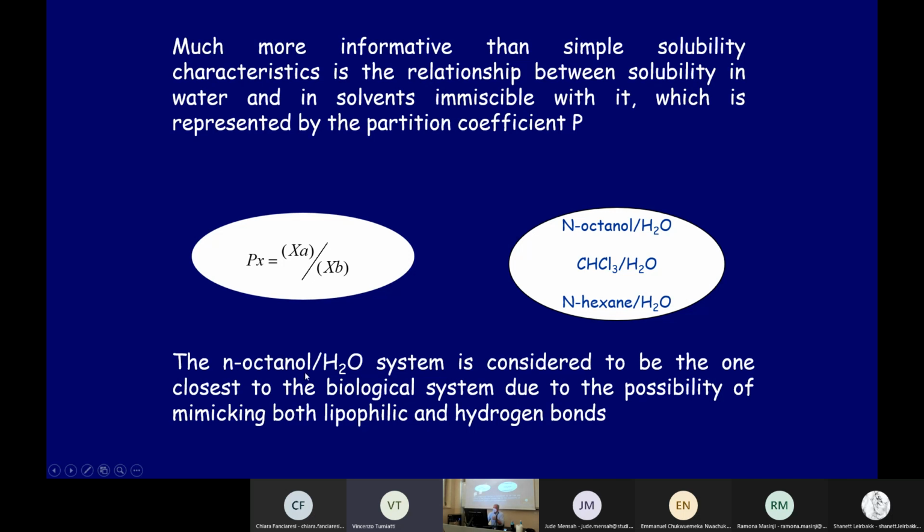This system, normal octanol and water, is considered to be the one closest to the biological system, because normal octanol can represent the phospholipidic membrane layer, and the water, the medium around the cell.